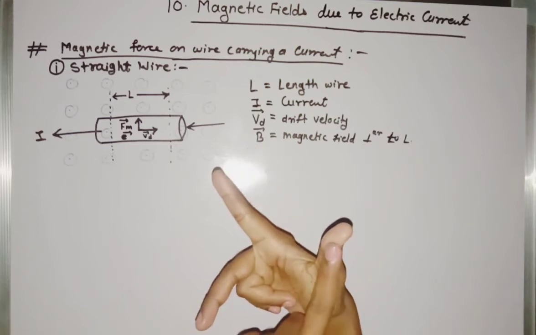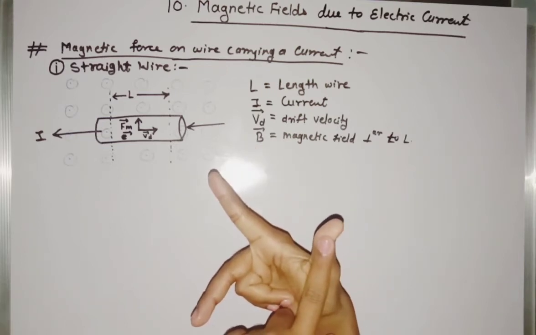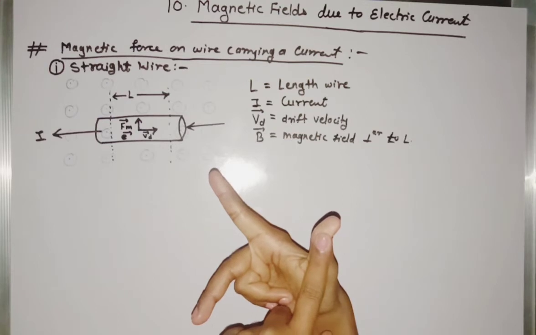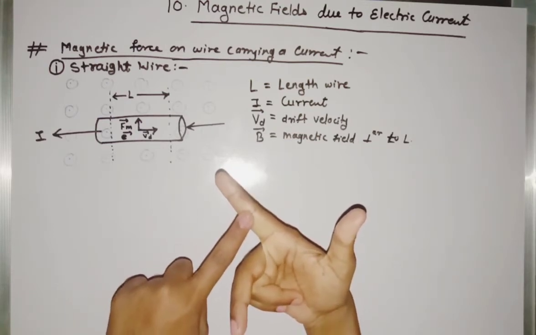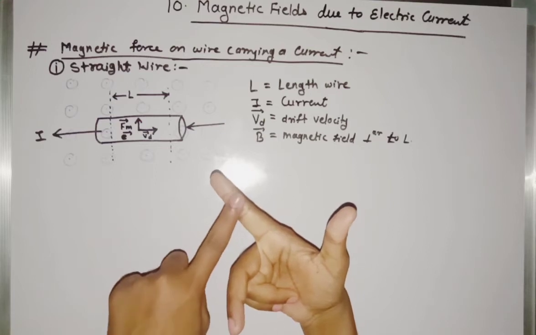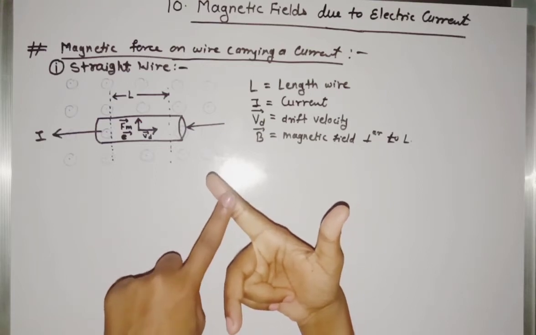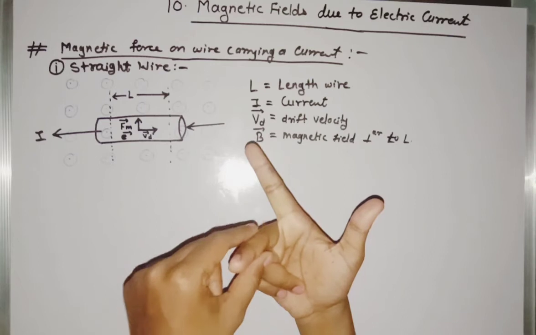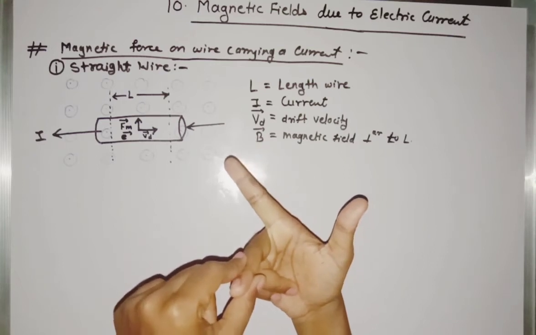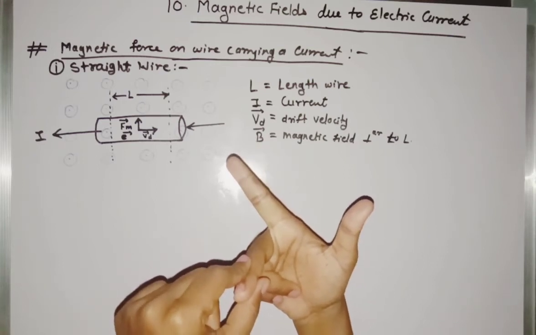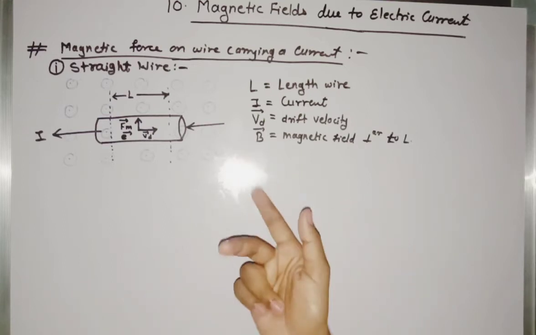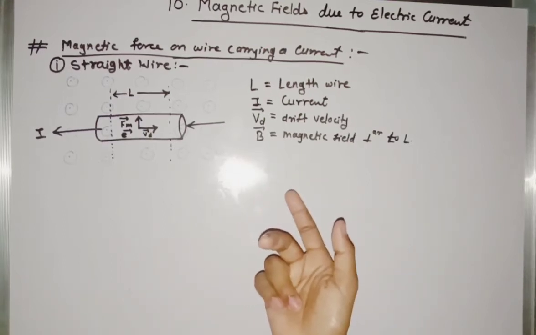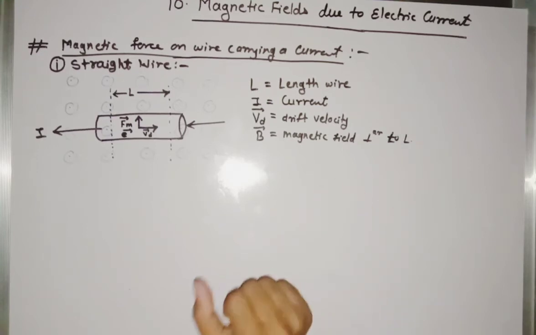The thumb indicates the direction of force, the first finger indicates the direction of current flow, and the middle finger indicates the magnetic field. We are interested in finding the force due to the magnetic field, that is F suffix M.